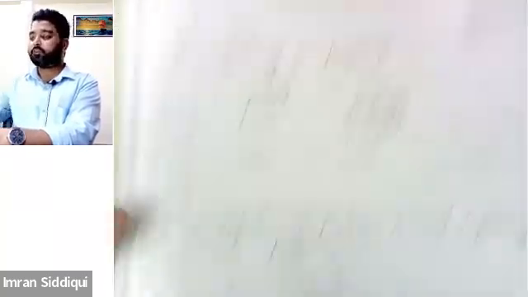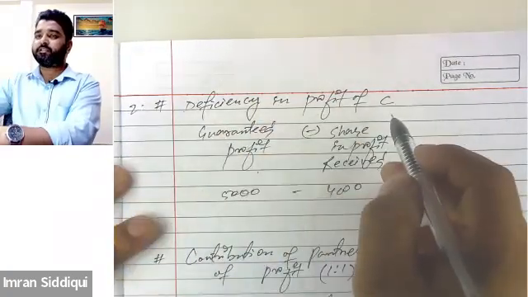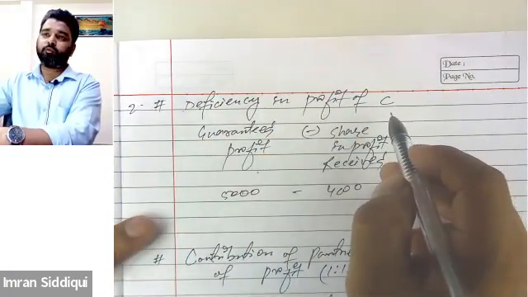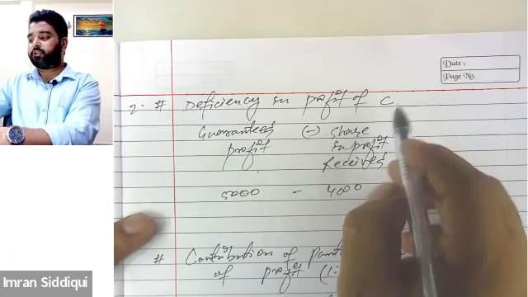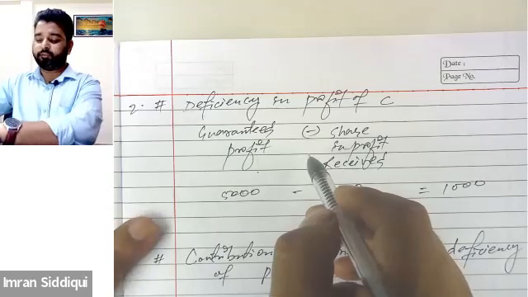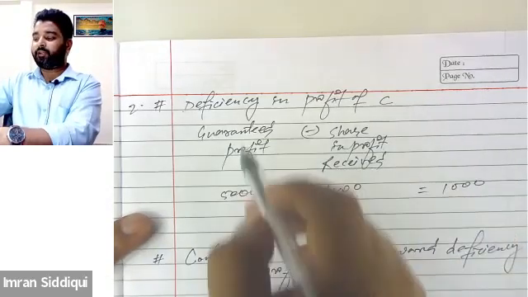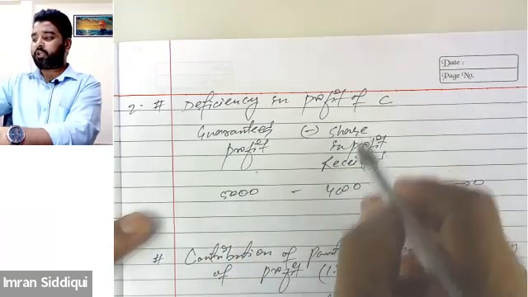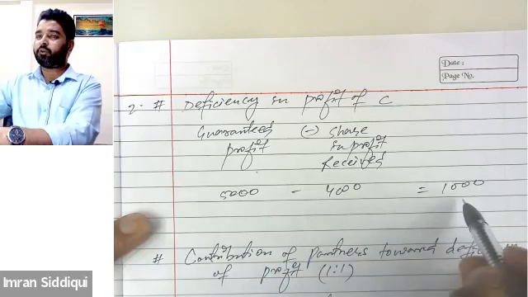Then after the first step, the second step will be to find out the deficiency in profit of the partner to whom the guarantee was given. For the purpose of finding out the deficiency, we generally apply the formula: guaranteed amount of profit minus the share in the profit received. So the guaranteed amount of profit was 5,000 and the share in profit received by partner C is only 4,000. So there is a deficiency of 1,000.